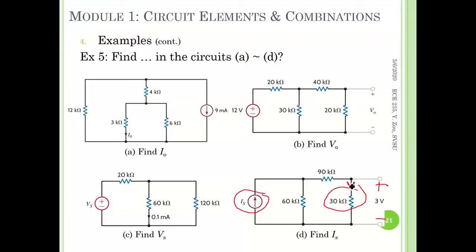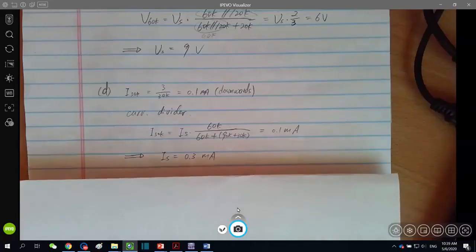After knowing this current, we can combine 90 kilo ohm and 30 kilo ohm together. It becomes one branch in parallel with another one. So two branches share the total IS. The 30 kilo ohm resistance current is equal to the voltage divided by resistance, 0.1 milliampere. Be careful, it's downwards.